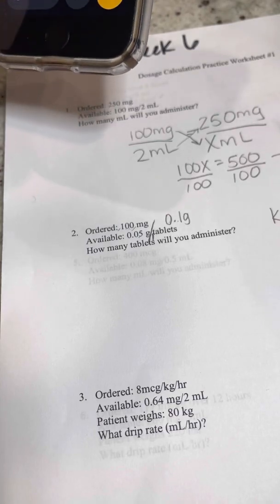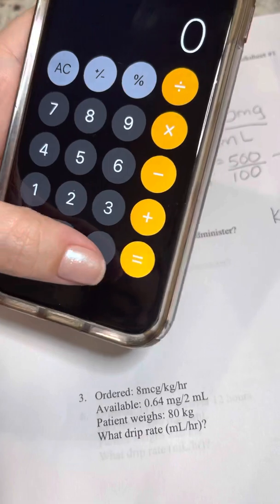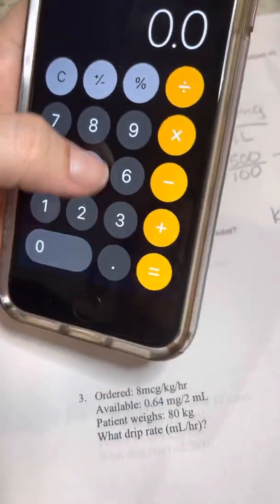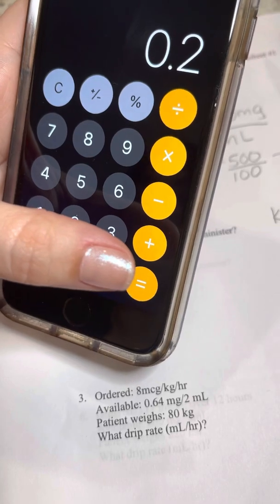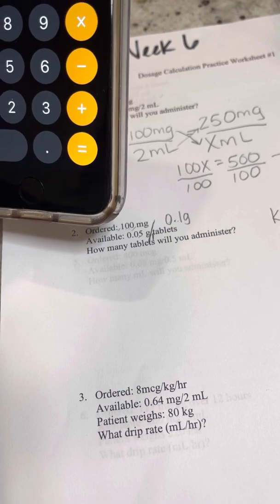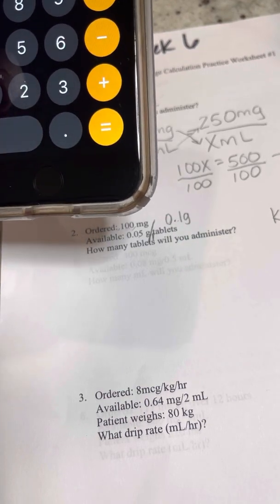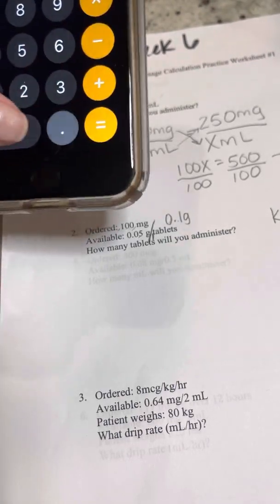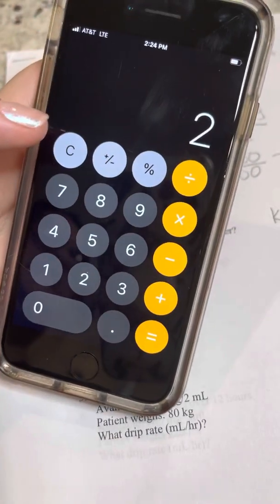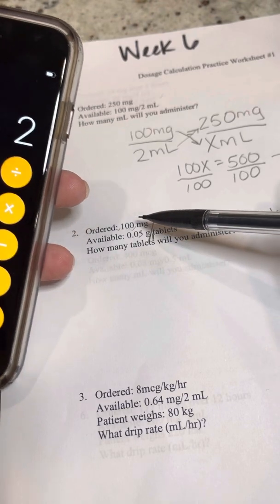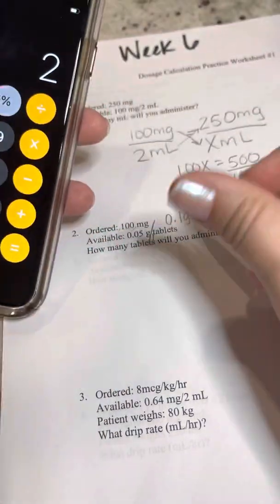So we are going to get out our calculator. 0.1 divided by 0.05 is 2. Okay, I'm sorry, I'm typing the wrong things, but that's right. So 0.1 times 1 divided by 0.05 is 2. So we're going to give 2 tablets.